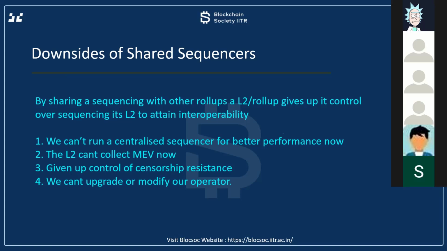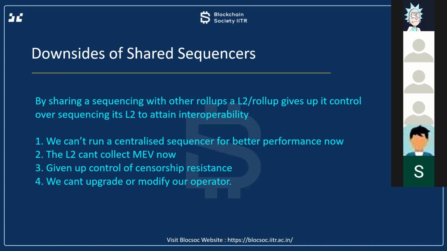Also, there is a chance that the sequencer that got the sequencing rights can be malicious. It might not let any transaction from chain B go through, and only accept transactions from chain A. So it will not be slashed on chain B, and chain B can't do anything about it. That is a problem.